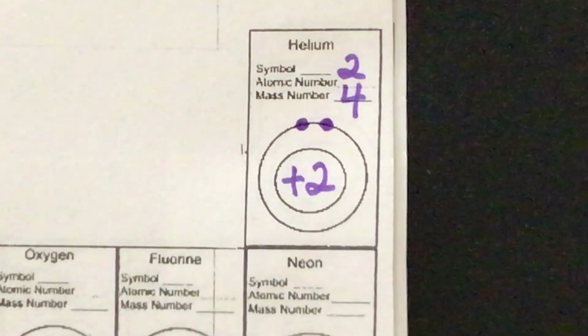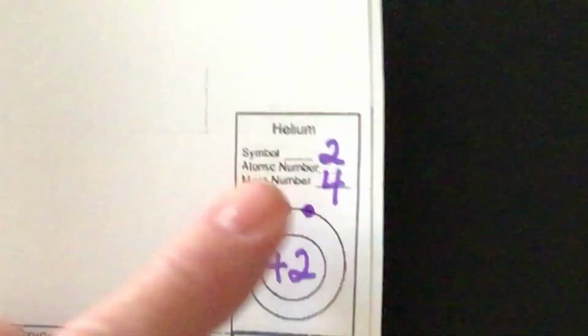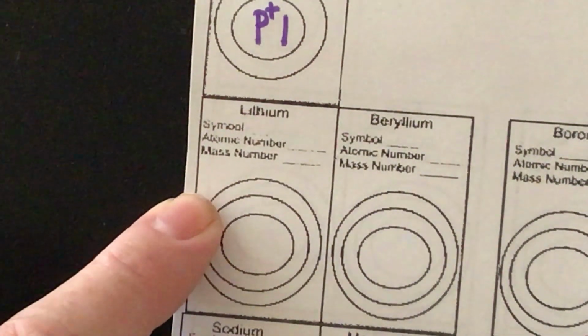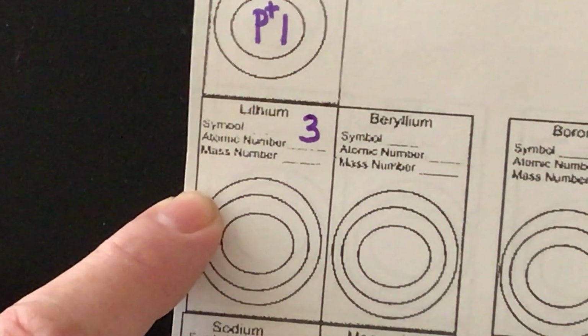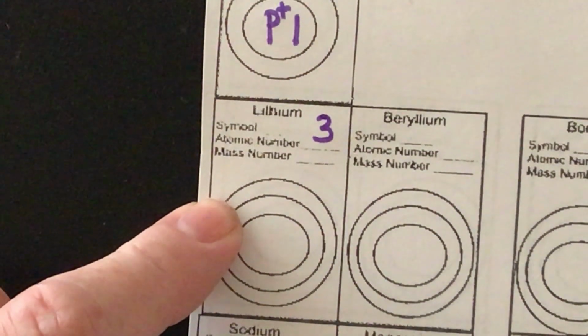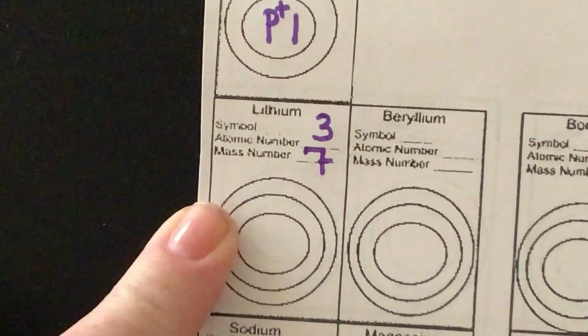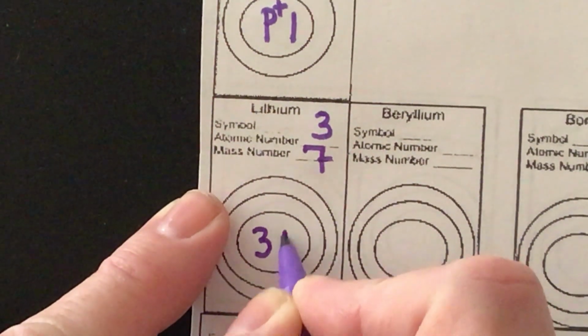What do you think the next element's number will be? We did 1. We did 2. Yeah, the next element is lithium, and lithium has the atomic number of 3. If you looked at the periodic table, it would have a mass of 7. So lithium is going to have 3 protons in it.